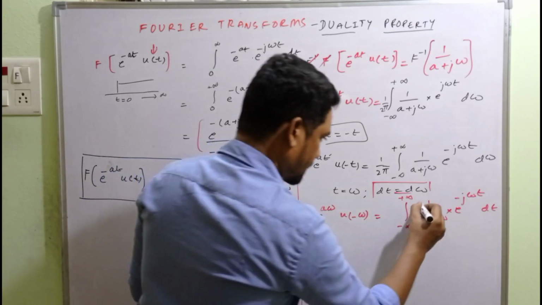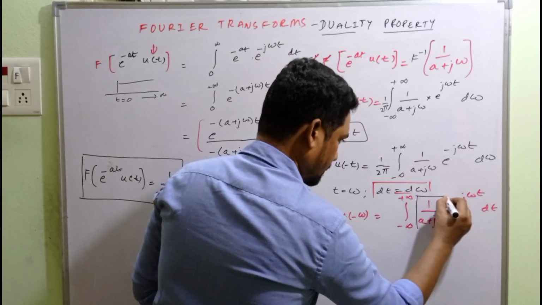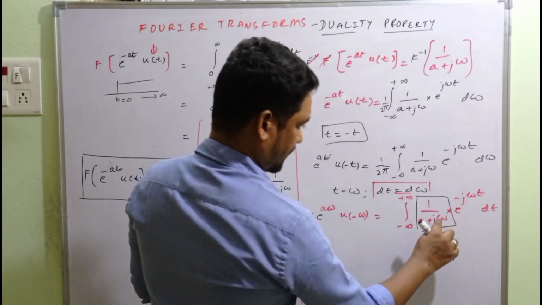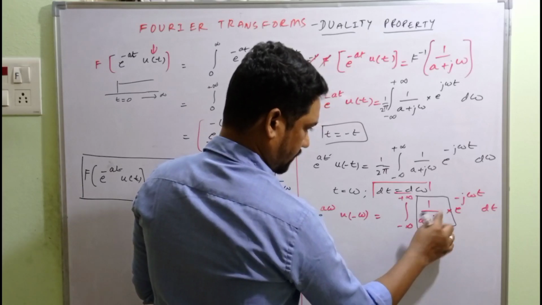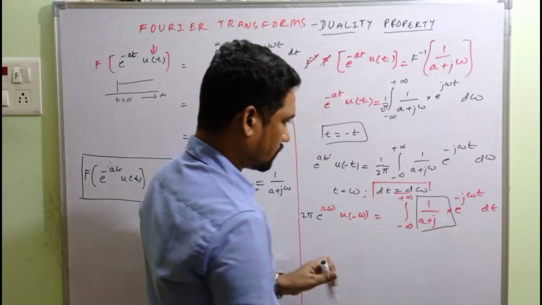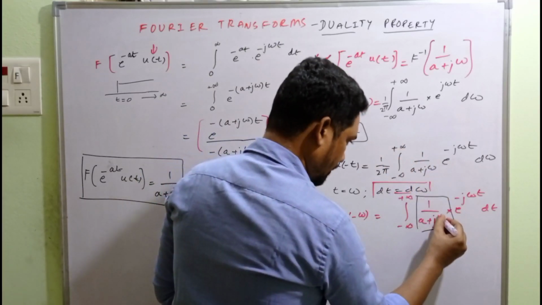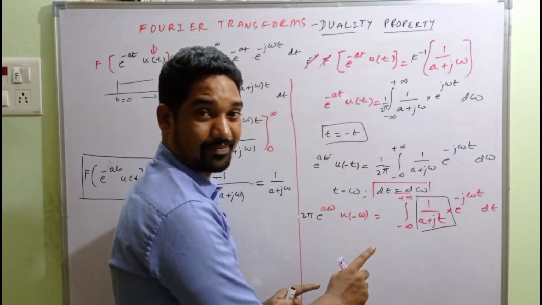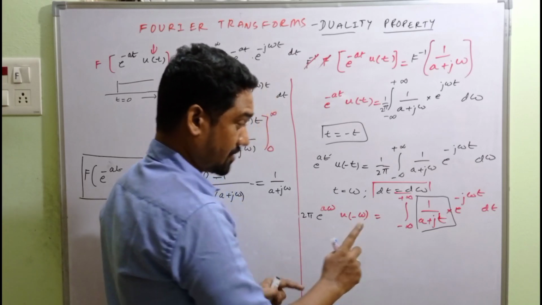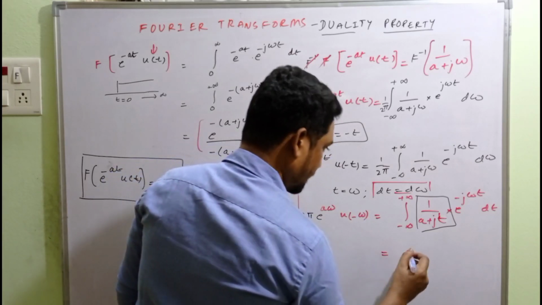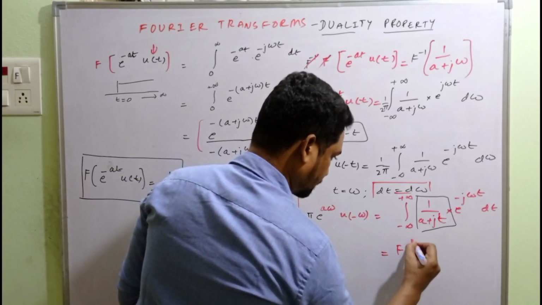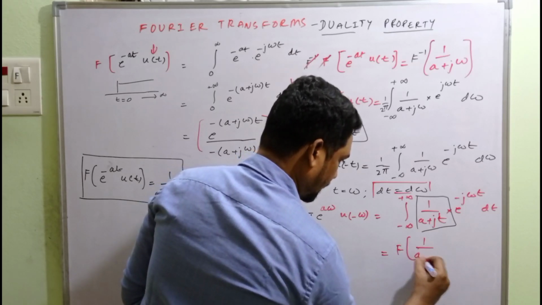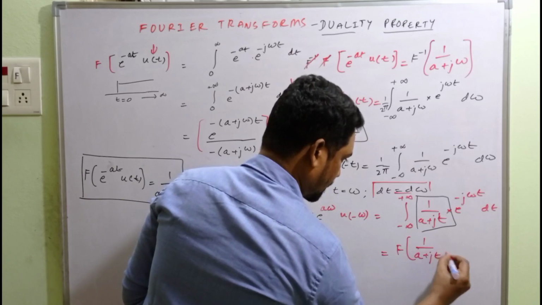Okay guys, what is happening over here? I'm very sorry, I'm taking it back. That's no more omega, that will be t. So I have corrected it here; I made a mistake, but I corrected it. So what is that? It's the Fourier transform of 1 by a plus j t.